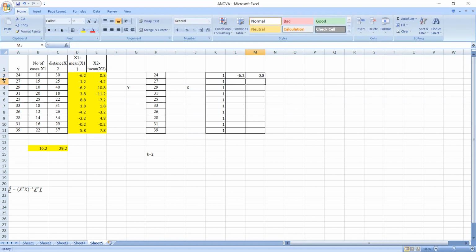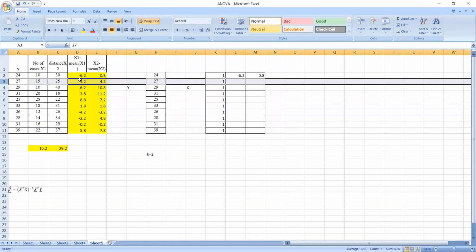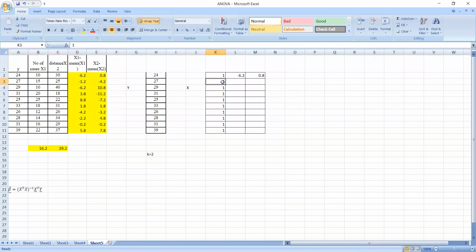And when you go to the second observation, you have here as the constant 1, and then the value of the first variable minus 1.2, and then minus 4.2.